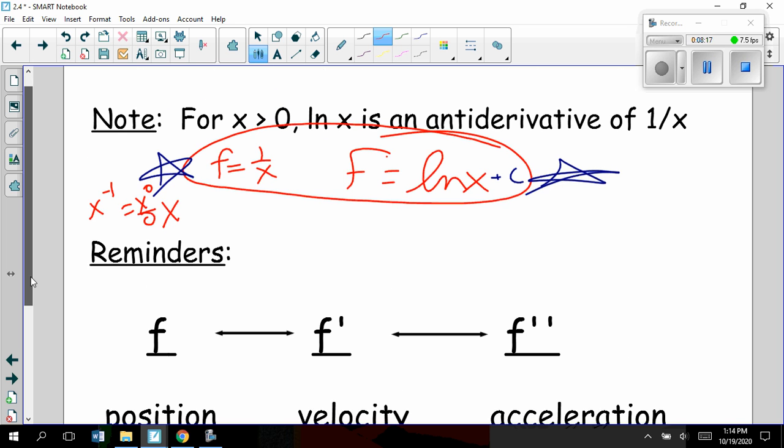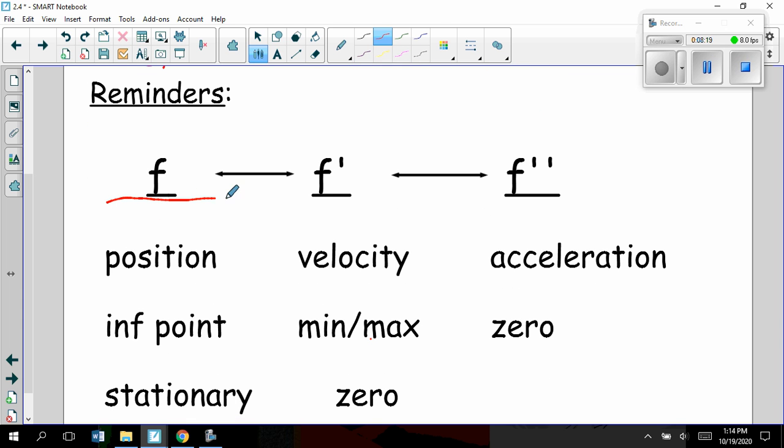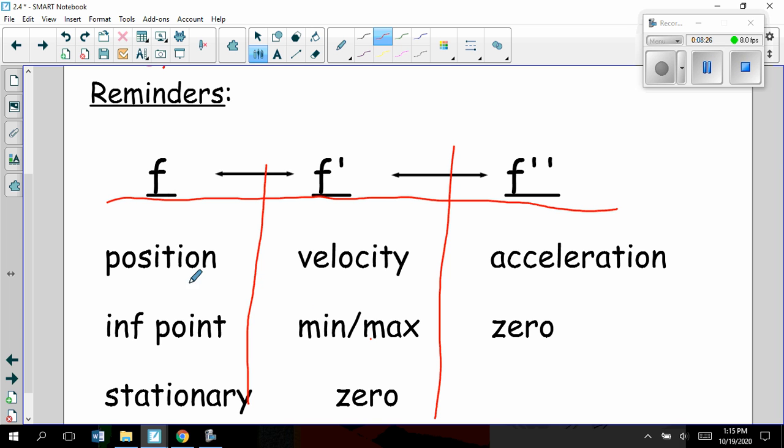All right, so some reminders then. This is like that T-chart idea, and then these are the columns. I made it 3 columns versus having to shift. And so this works if it's F, F prime, F double prime; this can be F, this can be capital F, this can be F prime, and so forth, except there's nothing after big F going back with an antiderivative.